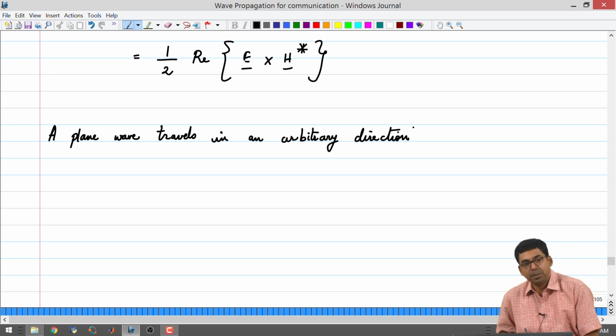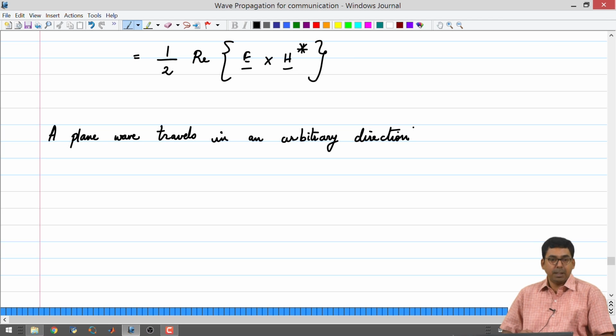Many times in problems you will be given something traveling in a direction, it hits some medium, and you try to calculate reflection and transmission coefficients, and then you may be asked to figure out the power transferred, etc. In those cases, first you should be able to write down the expression for the plane wave traveling in an arbitrary direction, and only then can you do cross product, dot product, etc. accurately. Otherwise you will not be able to do it. So, we need to know how to describe a plane wave traveling in an arbitrary direction with respect to a fixed coordinate axis.